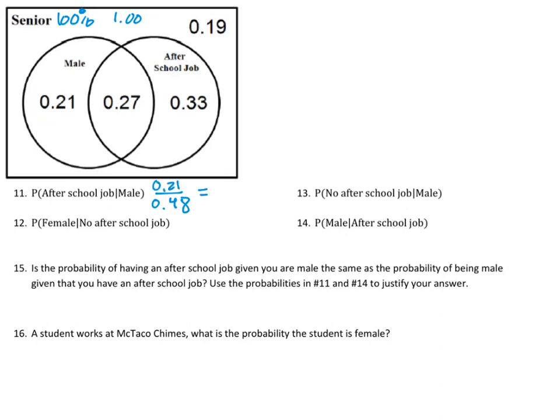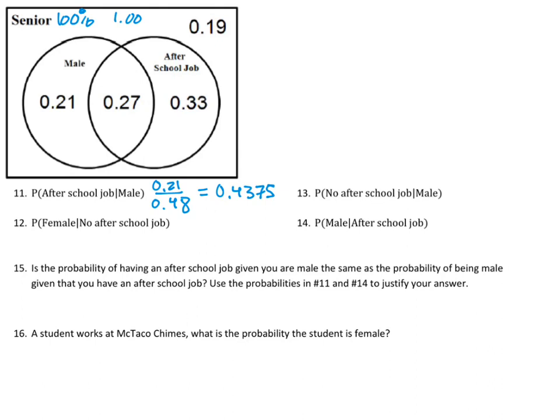So you've got 0.21 over 0.48. Let's convert that to a nice looking decimal, so take a moment, put it in your calculator, and simplify it. I'm going to put these as single decimals, because that'll be a nice way to keep them all the same. They'll be easy to compare at the end.